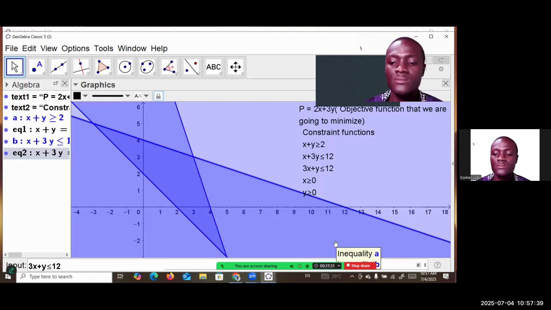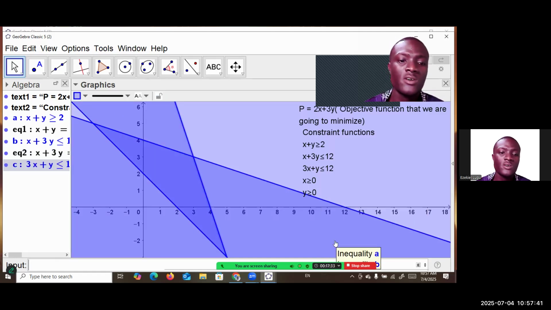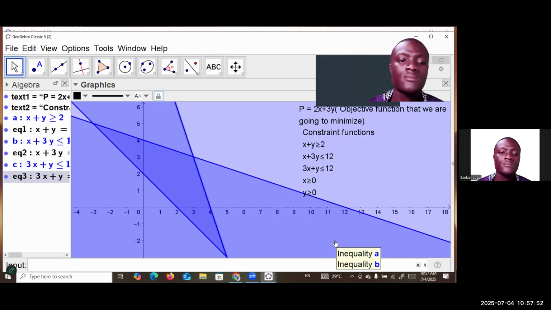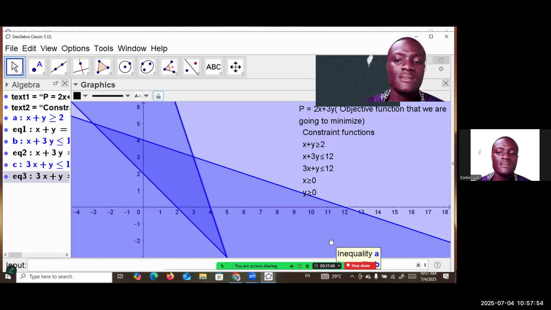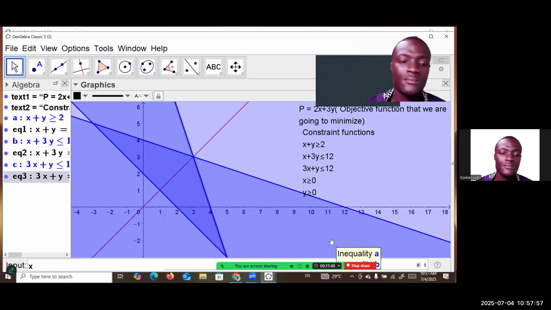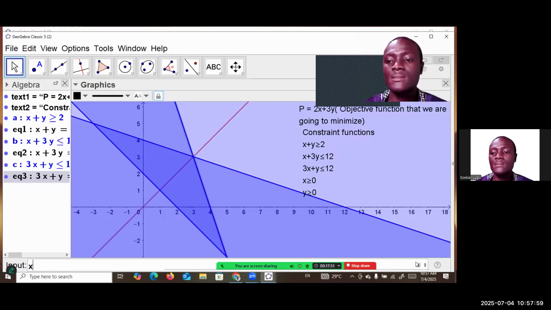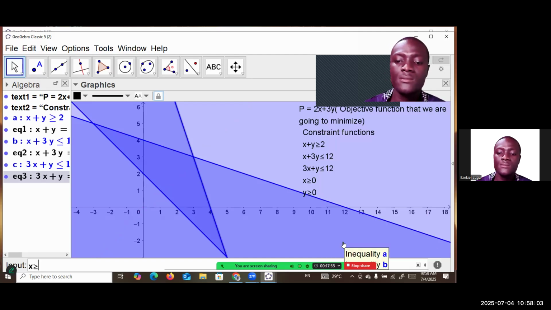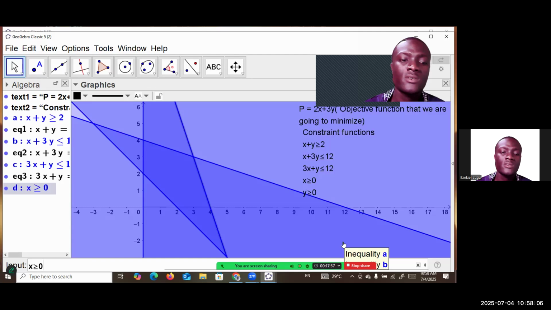So we go closer. The corresponding line will be 3x plus y equal to 4 again. The next inequality is x greater than or equal to 0, and the corresponding line is x equal to 0.